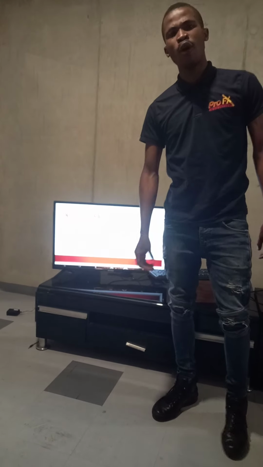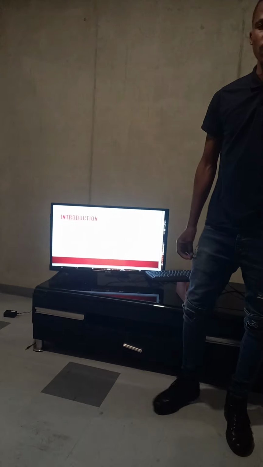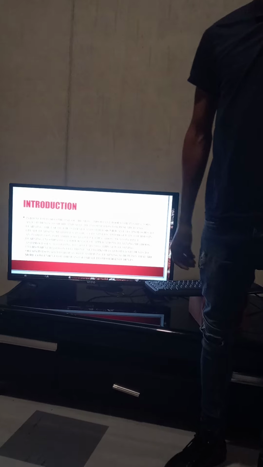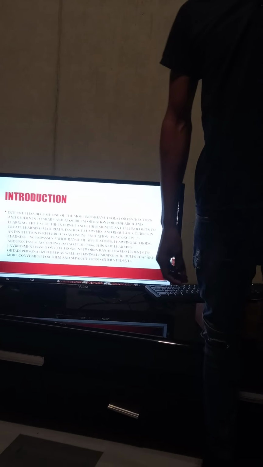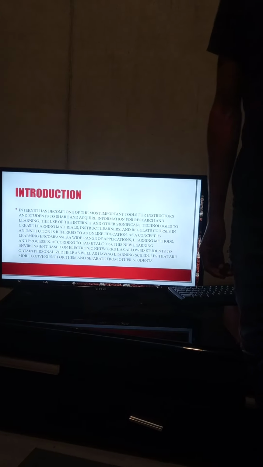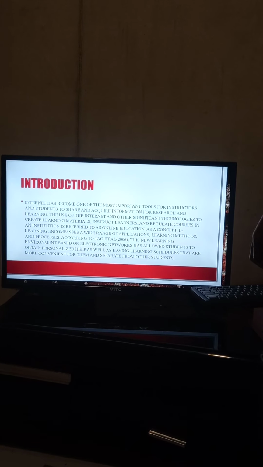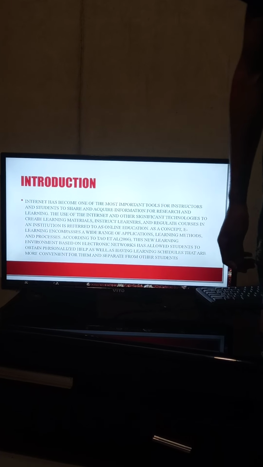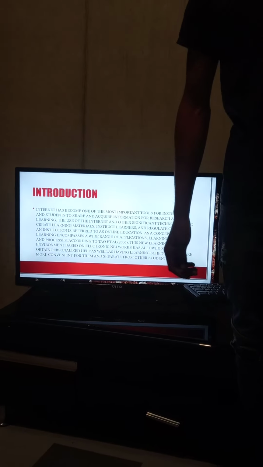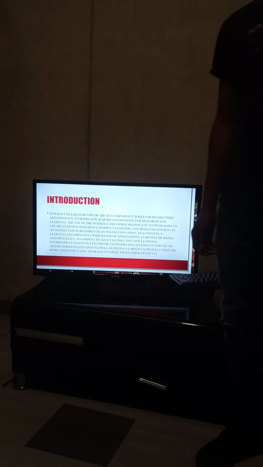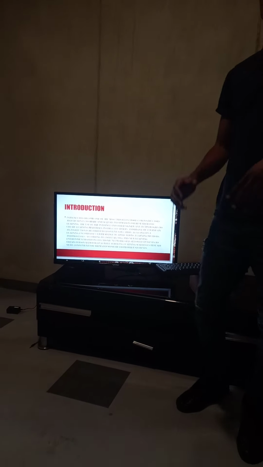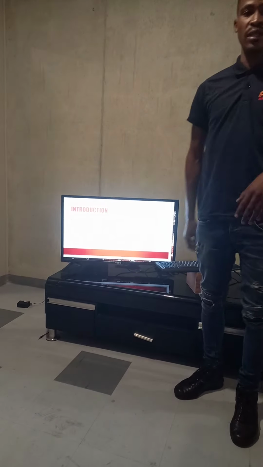The internet has become one of the most important tools for students and instructors to share and acquire information for learning and research. The use of the internet and other significant technologies to create learning materials, instruct learners, and also regulate courses in institutions is referred to as online education.